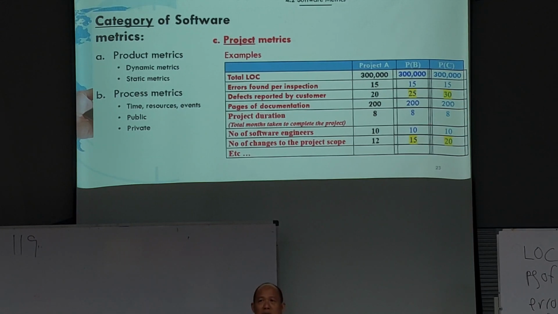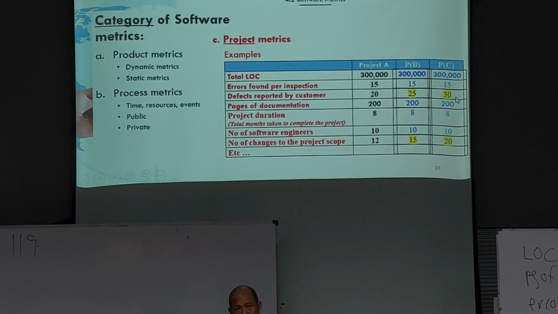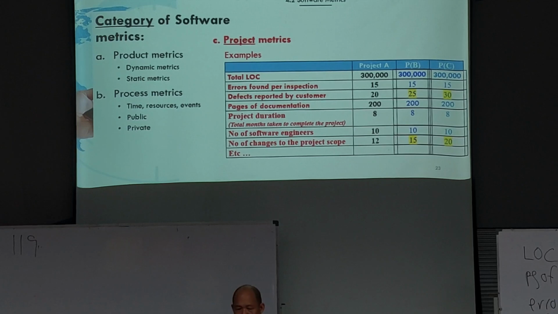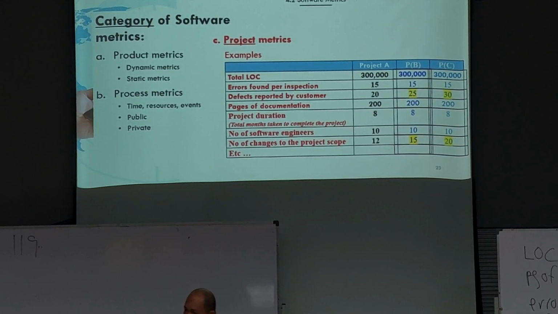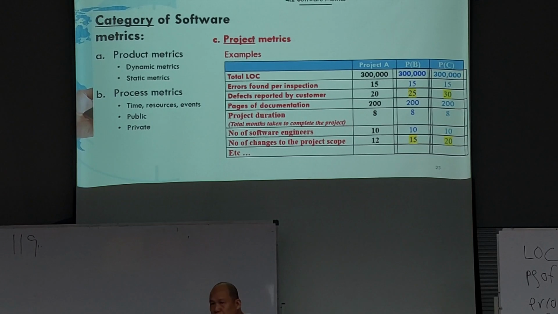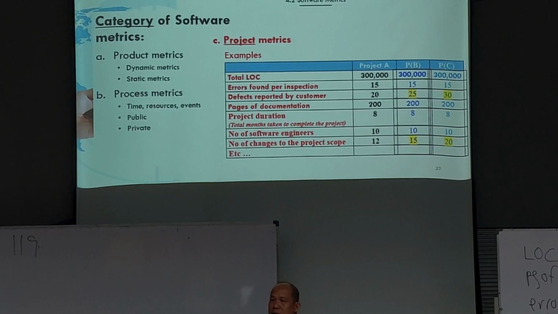So when you collect metrics and do measurement, this is what you can see: whether defects are increasing or decreasing. If defects are increasing, that means the quality of the software produced by your company is decreasing. You have to do something.